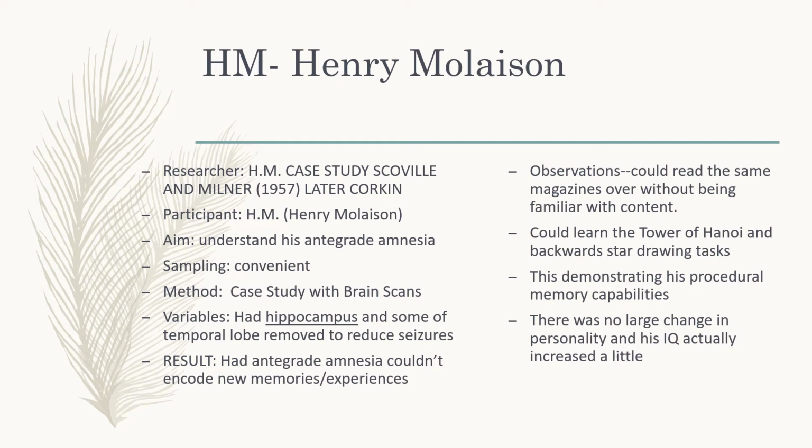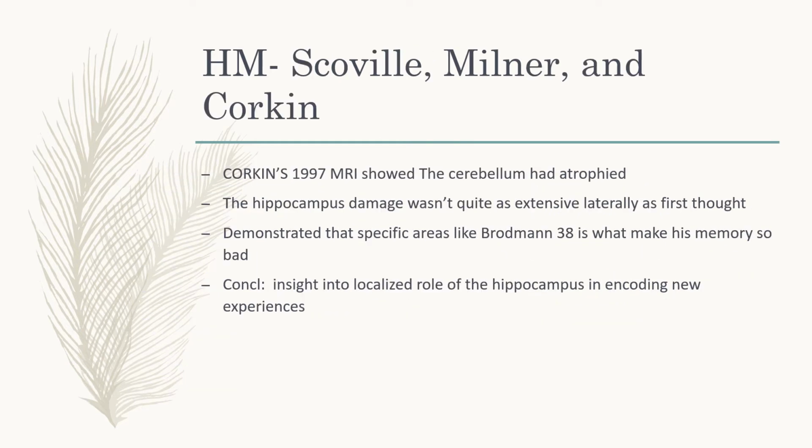Part of Corkin's research later on, an MRI in 1997, showed that the cerebellum had atrophied. It also showed that the hippocampus damage wasn't quite as extensive laterally as first thought. So nearly 45 years into research on HM, they have discovered more from brain scan techniques.